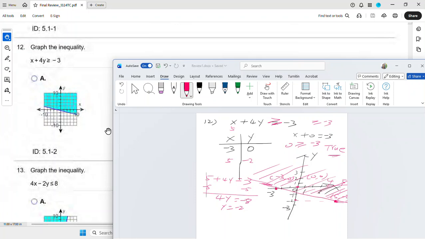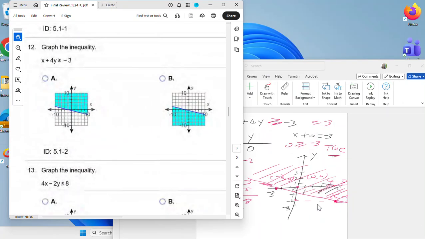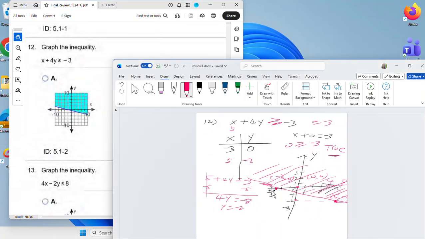Okay, so this is above, and then we can check to see if the intersection is correct. Where's the intersection? The intersection here should be negative 3, and this one should be around 5 and negative 2, right?